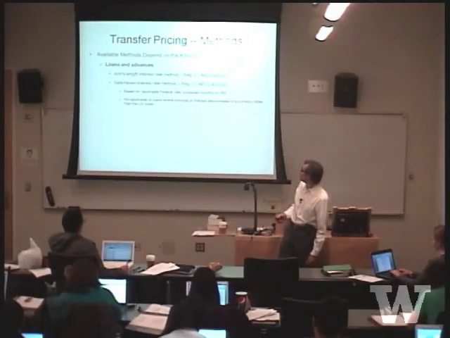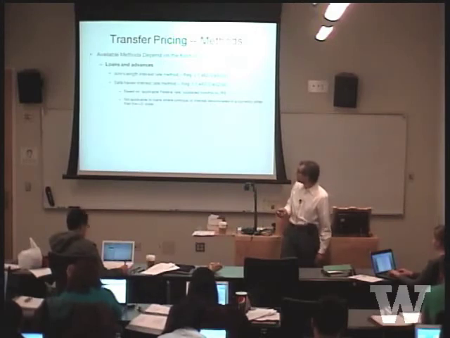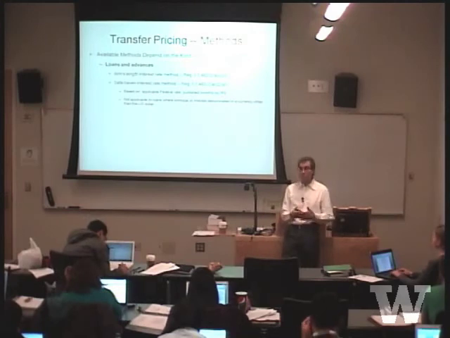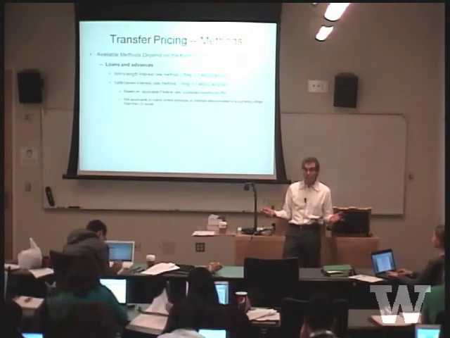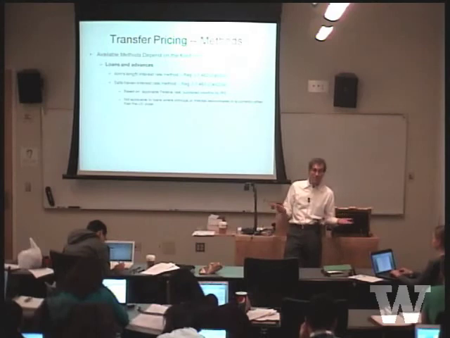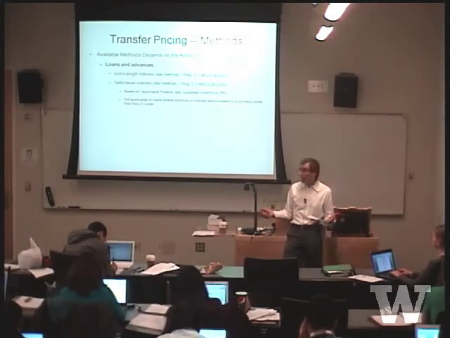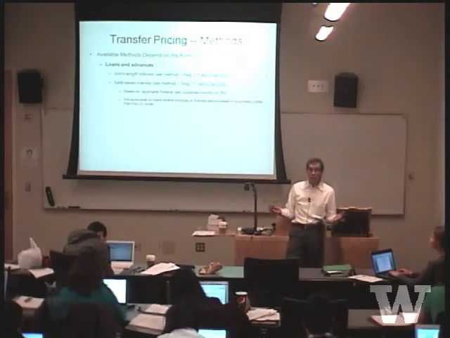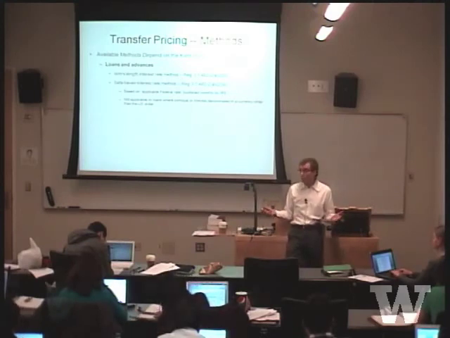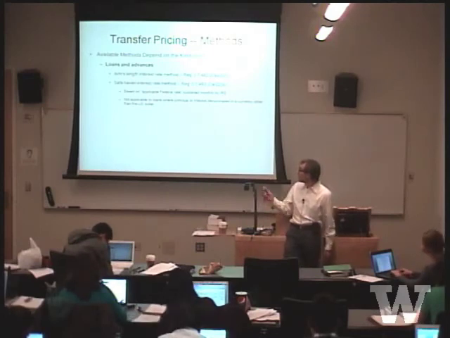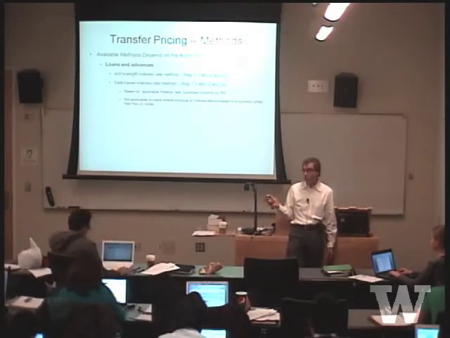Okay, loans and advances. There are, of course, a couple of methods. One is arm's length: determine what unrelated lenders and borrowers under the same conditions would charge in terms of interest. And as an alternative, if you're talking about US dollar loans or advances, there's specifically an applicable federal rate safe haven methodology.